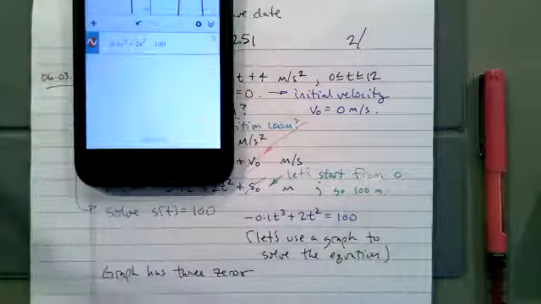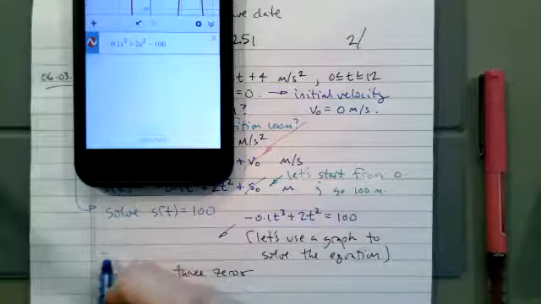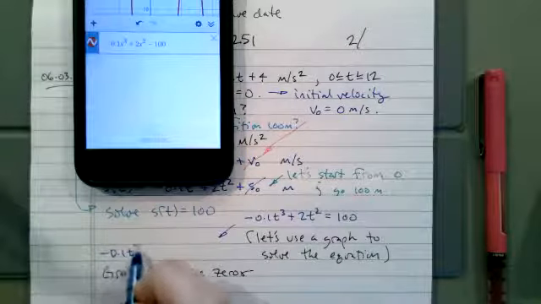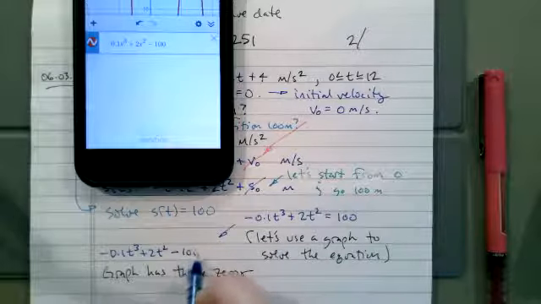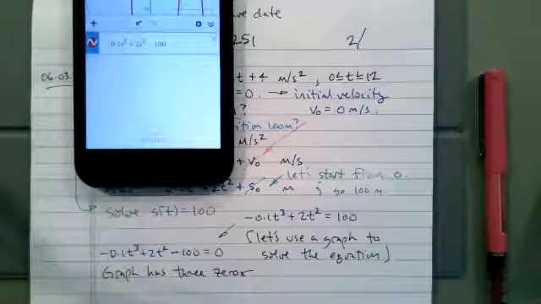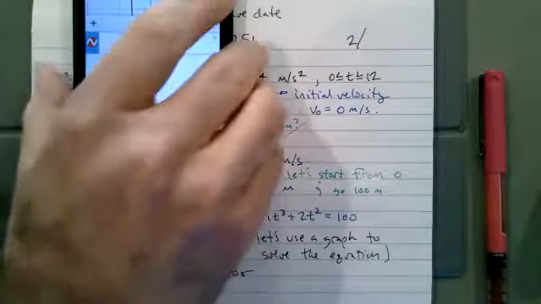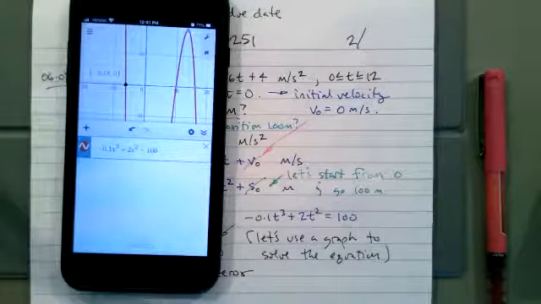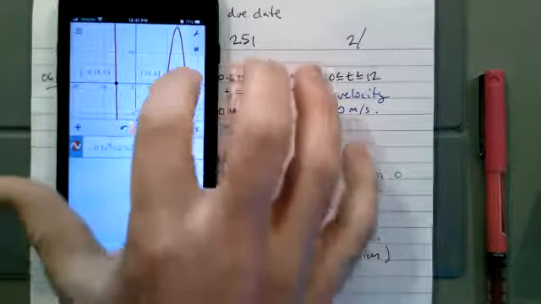Oh, I should be clear. I'm looking for zeros of negative 0.1 t cubed plus 2t squared minus 100 equals 0. The reason that I want to look at this is because I want to look for the x-intercepts rather than going all the way up to 100 and trying to look for where this graph crosses 100. So I'm just going to look for the zeros here.